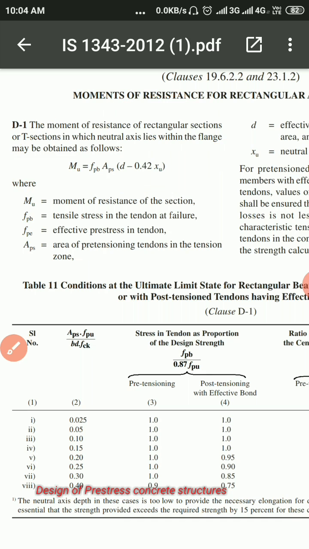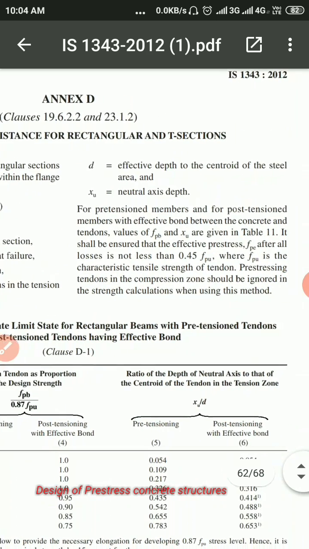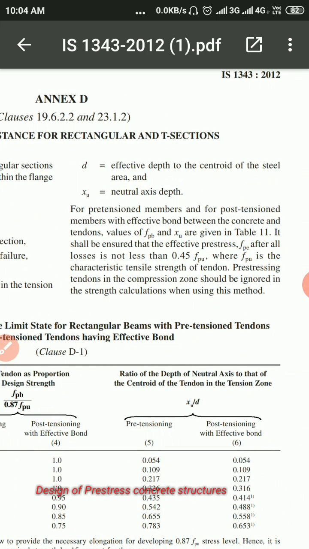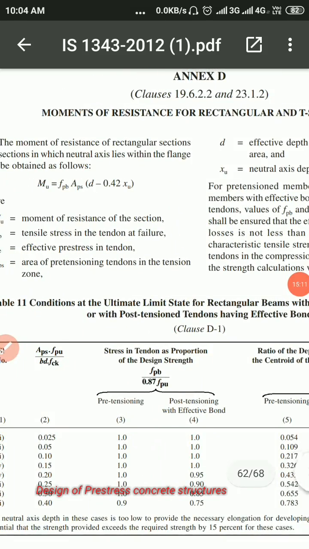Now we'll see the formula. Mu = fpb, the tensile stress in the tendons at failure, into Aps, the area of pre-tensioning tendons in the tension zone, into bracket d. d is the effective depth to the centroid of the steel area. d minus 0.42 xu.